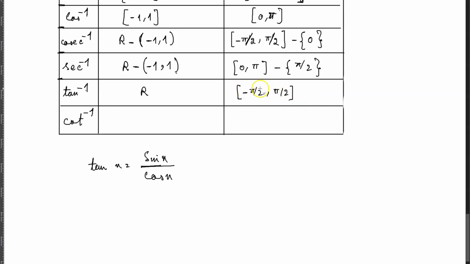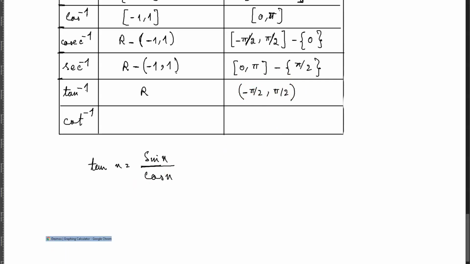Actually, this is not the closed interval because the tan function is not defined at negative pi by 2 and pi by 2. Only between negative pi by 2 and pi by 2 it's defined.